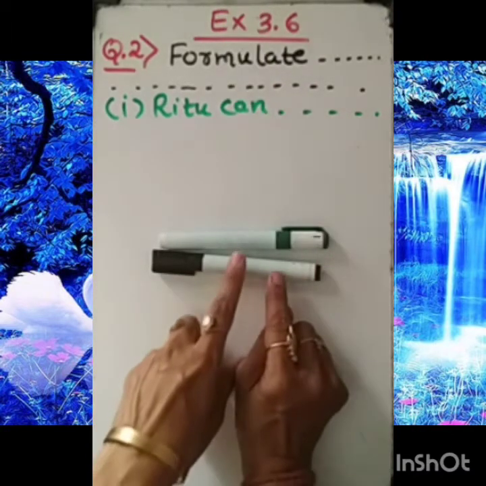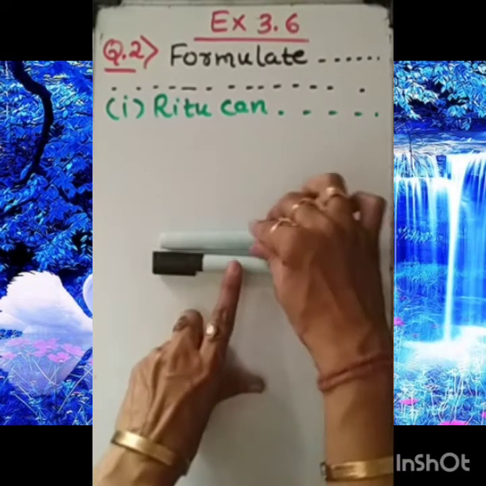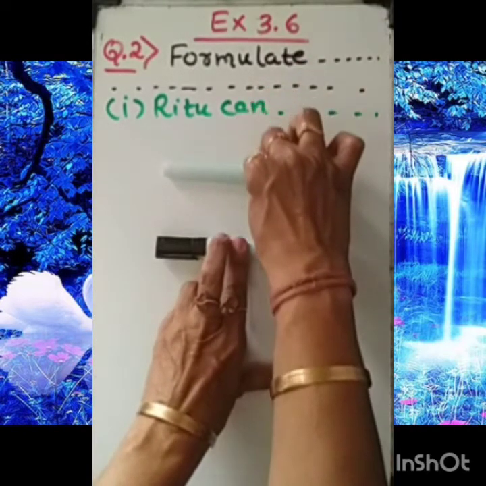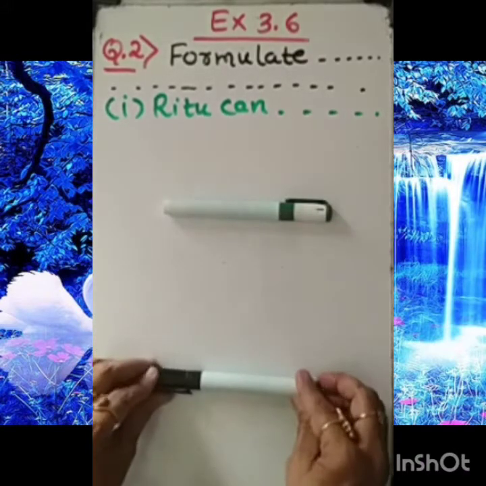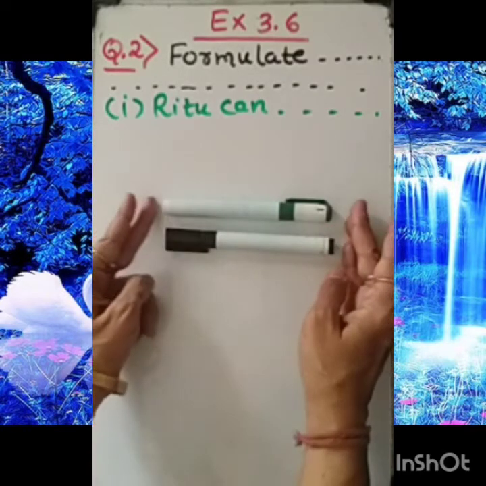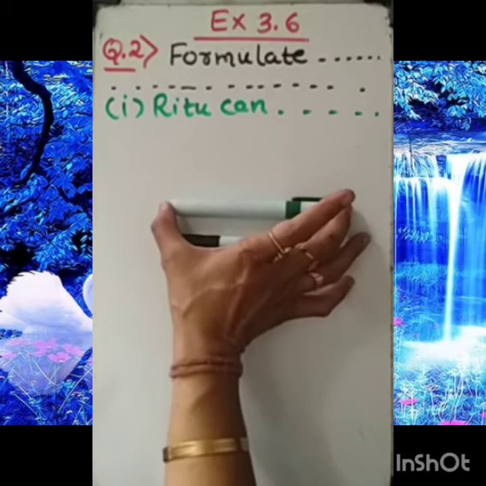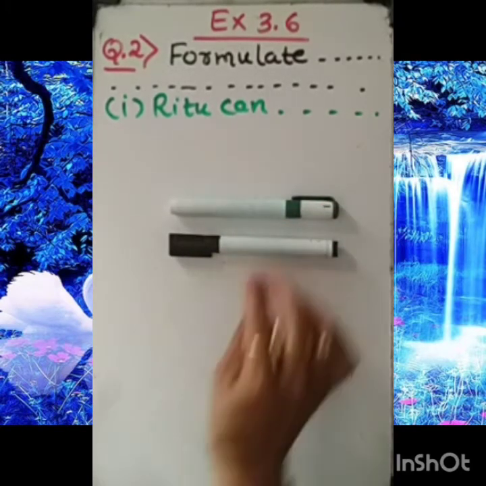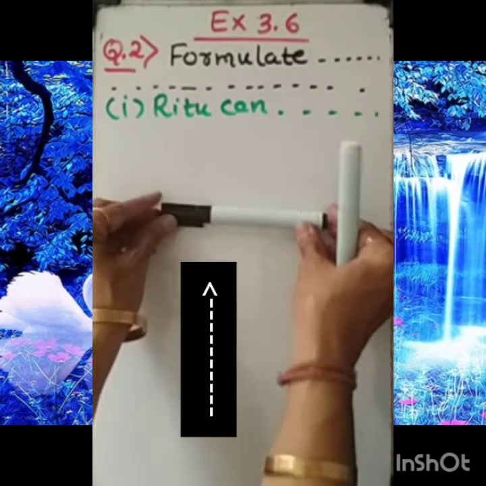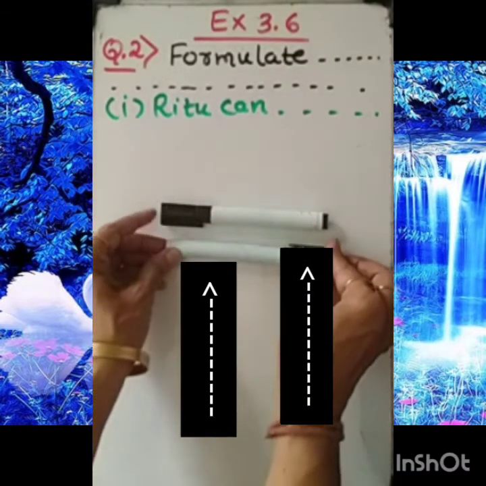So obviously your speed will decrease, because the flow of the water is from this side and you are rowing in the opposite direction. But suppose the flow of the water is in this direction and you are rowing your boat in the same direction, your speed will be increased.